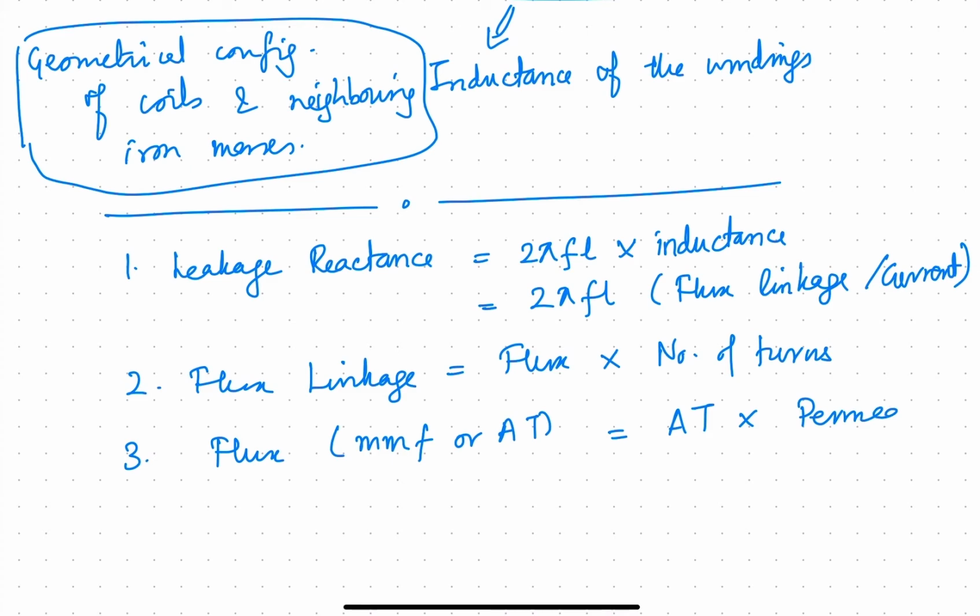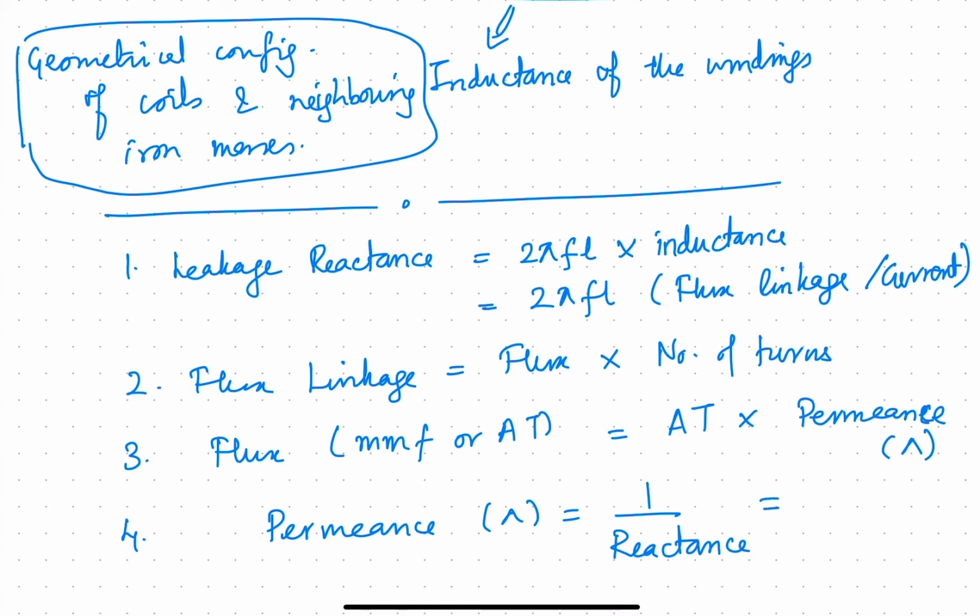We have already derived this expression, that is lambda, the permeance, lambda is equal to 1 over reluctance, which is equal to A times mu naught mu r by L.